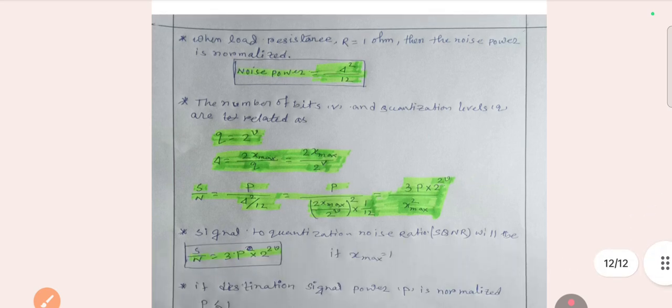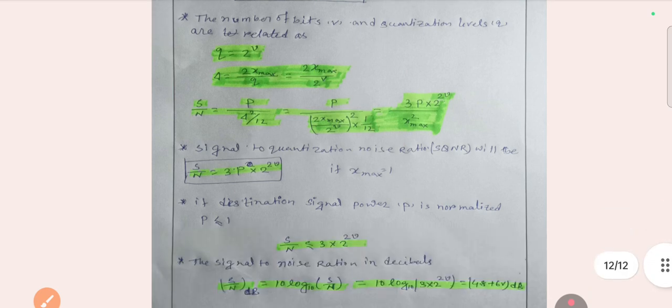S by N equals P by del square by 12, equals P by (2x max by 2 to the power V) whole square into 1 by 12, equals 3P into 2 to the power 2V by x max square.